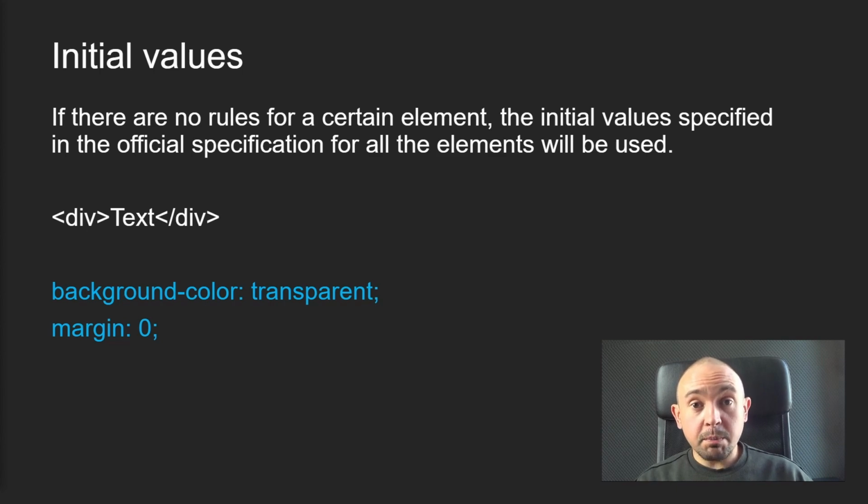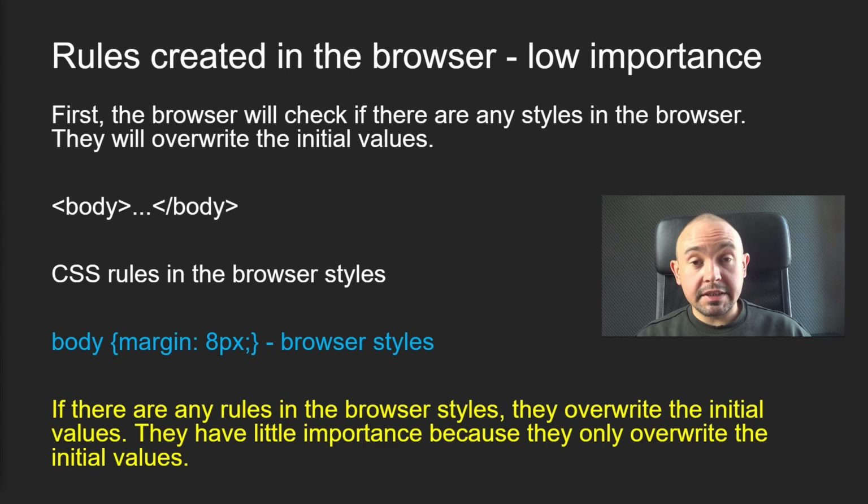Such values from the point of view of cascading have the lowest importance and may be overwritten by all the other styles. The default browser styles still have low importance, but are more important than the initial values. So the default browser styles may override the initial values. As we can see in an example of a body element and its margin property, where it gets 8 pixels margin from the browser, when the initial value for all the elements for this property is 0.